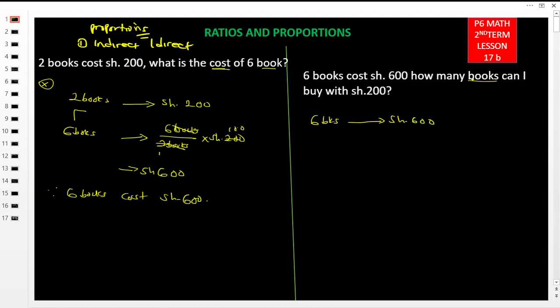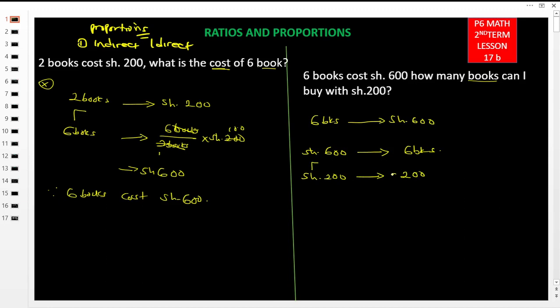But in the question they're asking for books, so we don't start with the books, we're going to start with the money. That will be 600 shillings. You use it to buy 6 books. How about if I have 200 shillings now from the question? So I'm going to get inverted L.